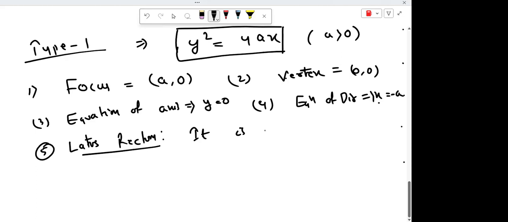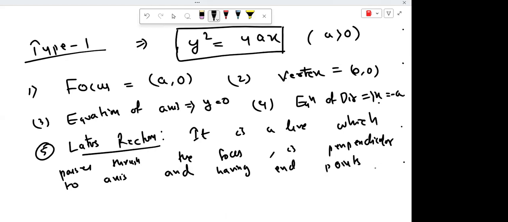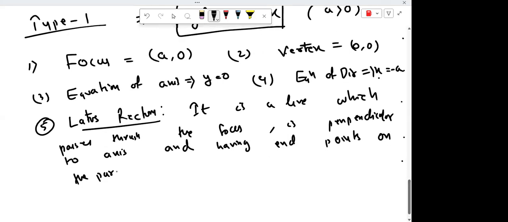What it means is a line which passes through the focus, is perpendicular to the axis, and having endpoints on the parabola. Just note it down, everything.